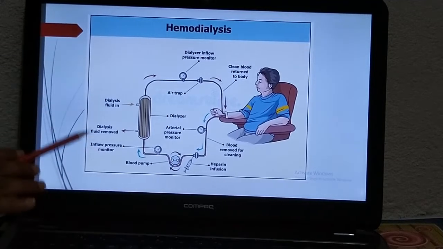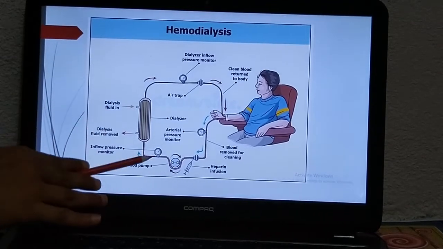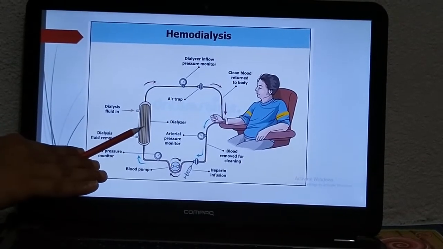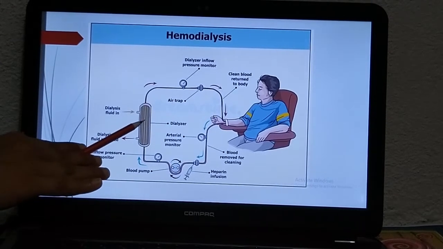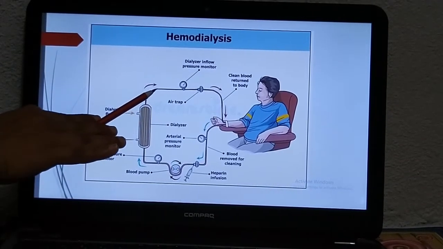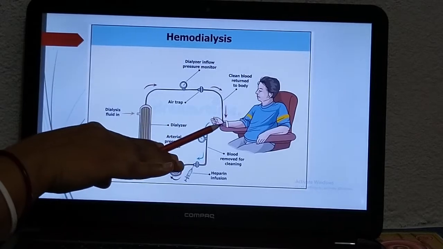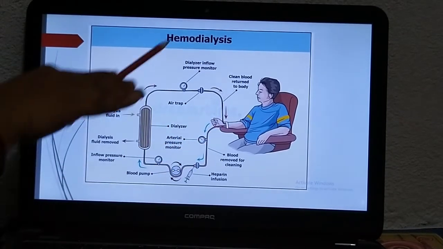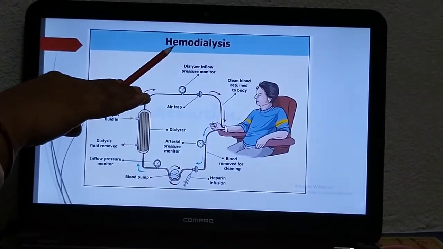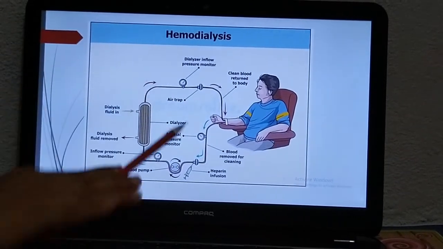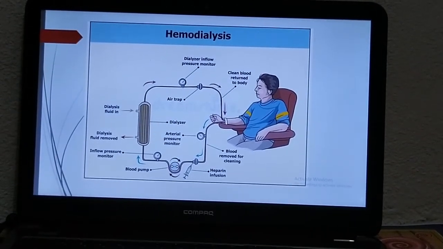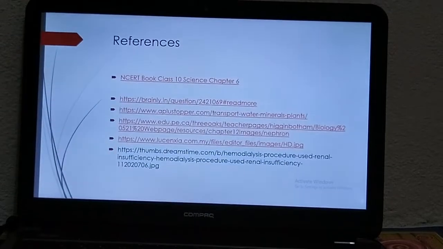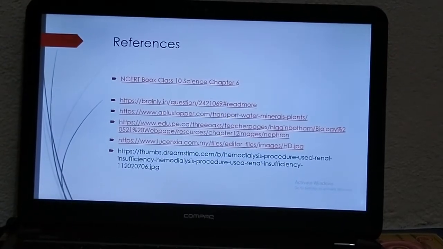So using the selectively permeable membrane, nitrogenous waste will come to this dialysis fluid, and after cleaning, the blood is going to enter the patient's body. In this way, hemodialysis, hemo means blood, dialysis or artificial kidney, acts. So these are the references.